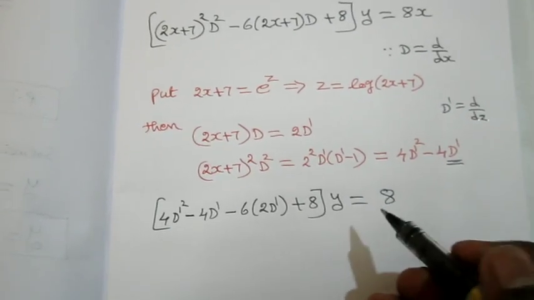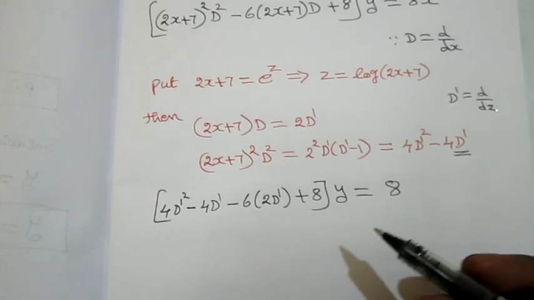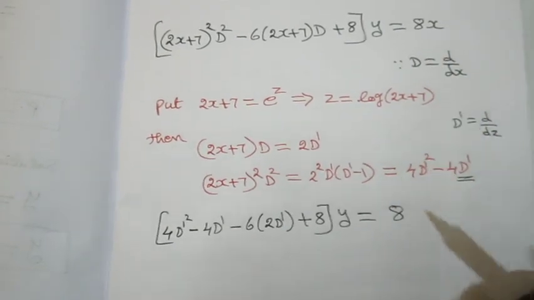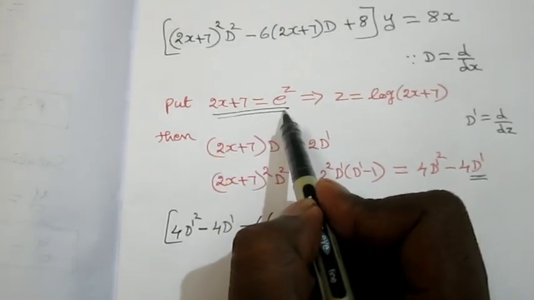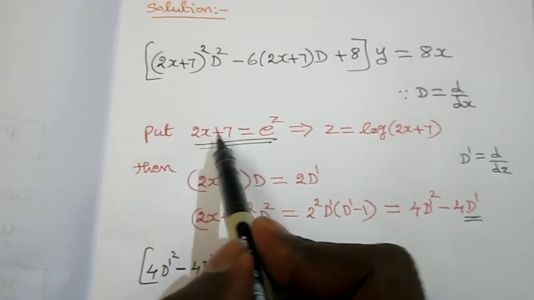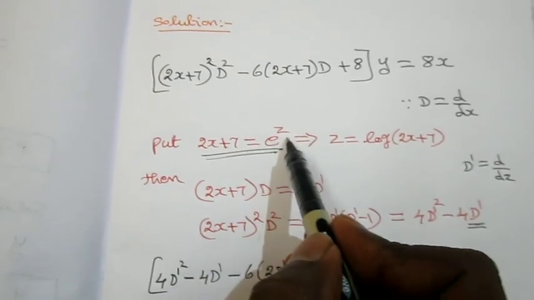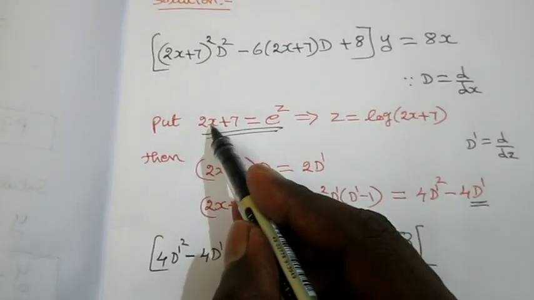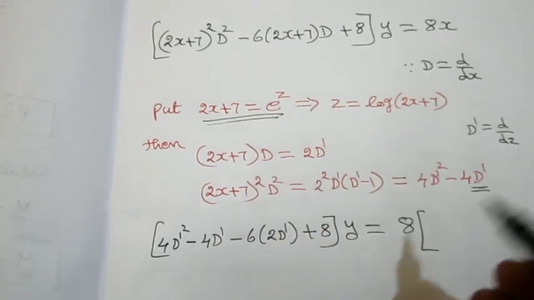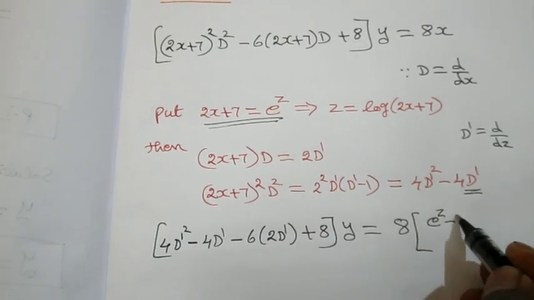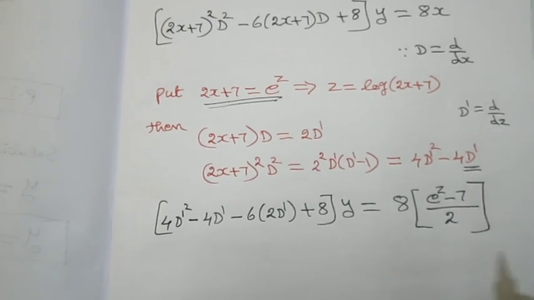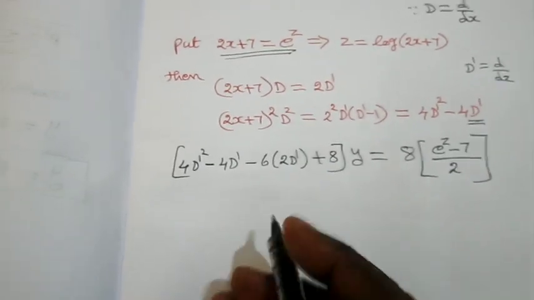So I am converting everything in terms of z. This x also I want to convert in terms of z. From this, x is equal to (e power z minus 7) by 2. So this is x.